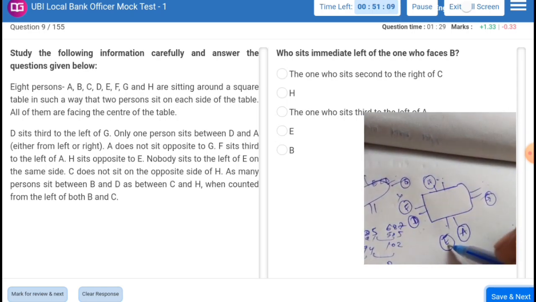H is opposite to E. Nobody sits to the left of E on the same side.